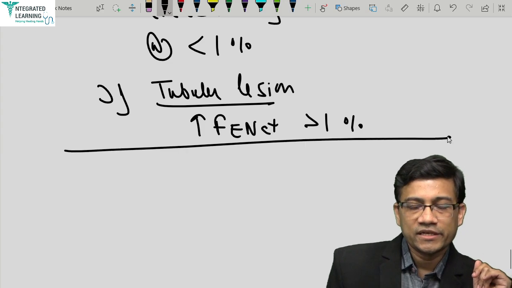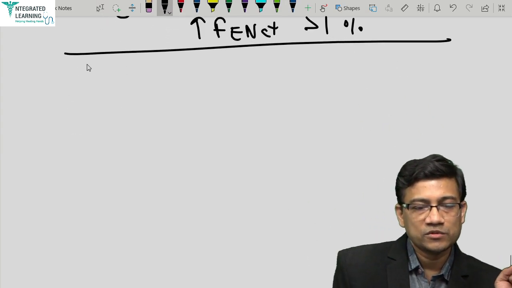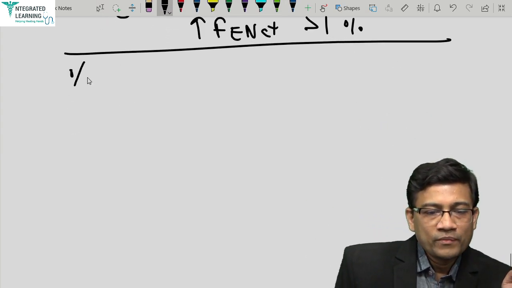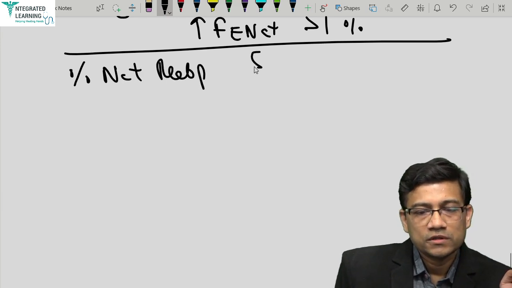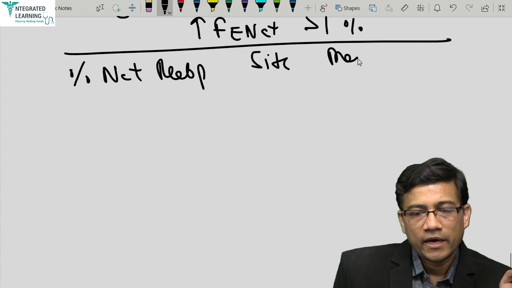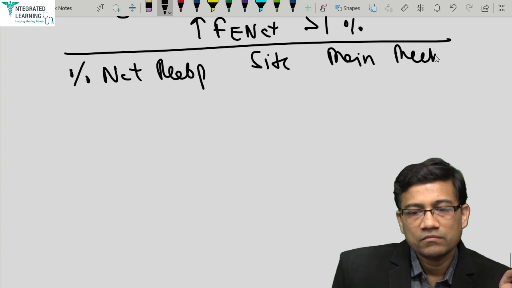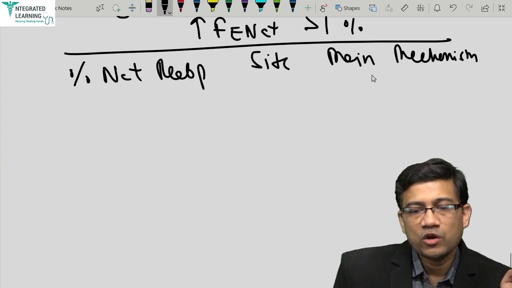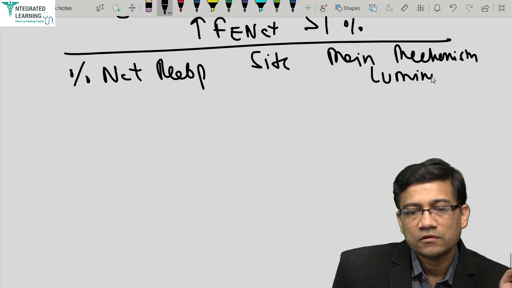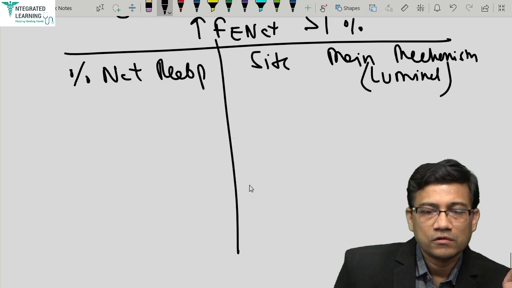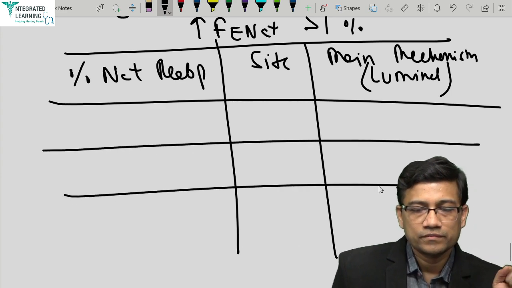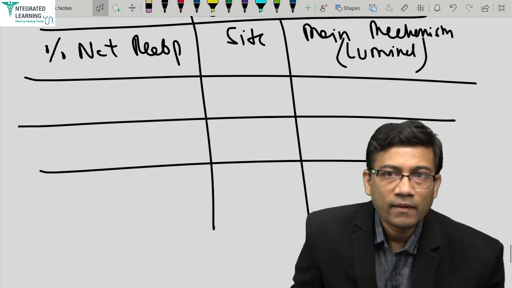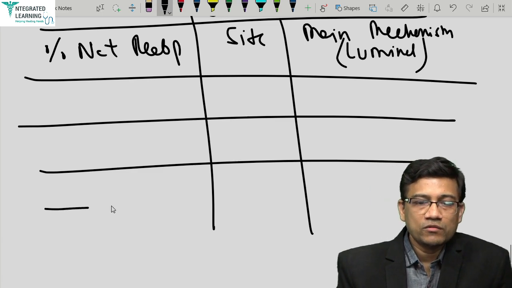Now write the site and the percentage of sodium reabsorbed, and the main mechanism. I am going to discuss mainly luminal mechanisms. So start now.